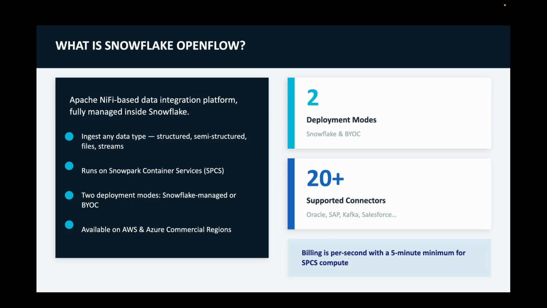It pulls the data and processes it inside Snowflake. Whereas in BYOC deployment, the data plane runs in your own cloud, which means the data will be processed within the same cloud environment and it will be pushed to the Snowflake environment. So it is inbound to Snowflake.